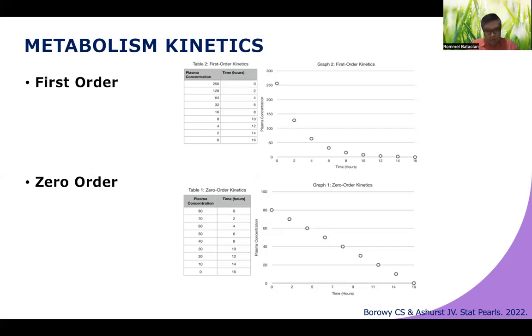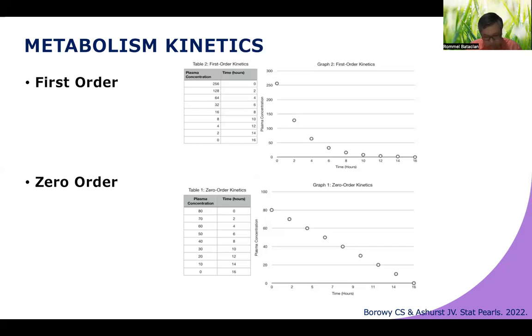Now, in contrast, in zero order kinetics, the rate of drug elimination is constant. That's why you can see here a linear representation of the graph. This means there is a fixed amount of drug that is eliminated regardless of the serum drug concentration that is present. Some examples of substances that follow this kinetic would be alcohol, phenytoin, which is an anticonvulsant drug, and, in high doses, aspirin.